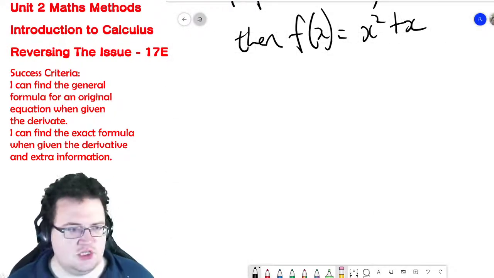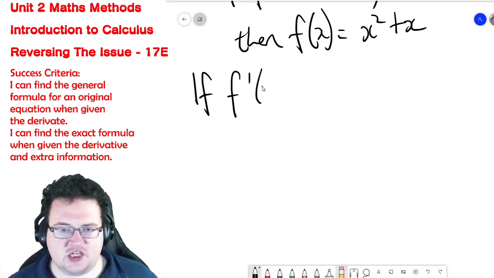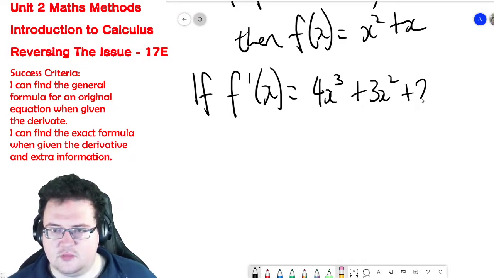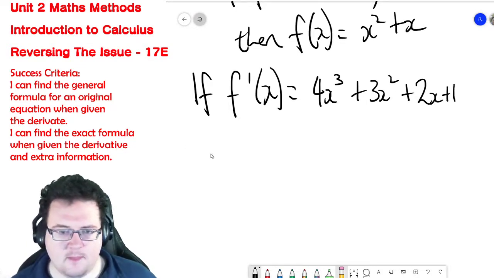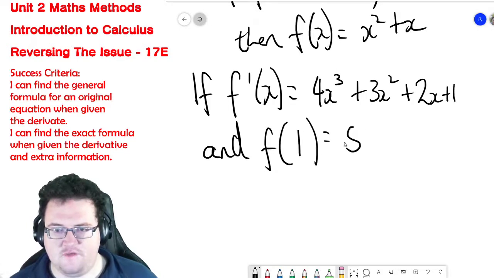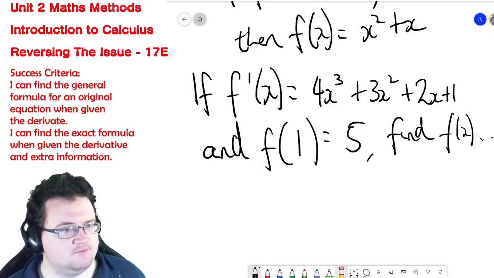So let's do another one. If f dash x is equal to 4x cubed plus 3x squared plus 2x plus 1, and f of 1 is equal to 5, find f of x.